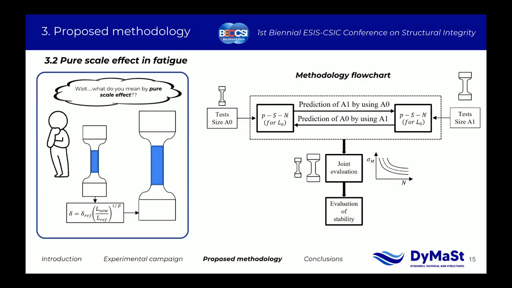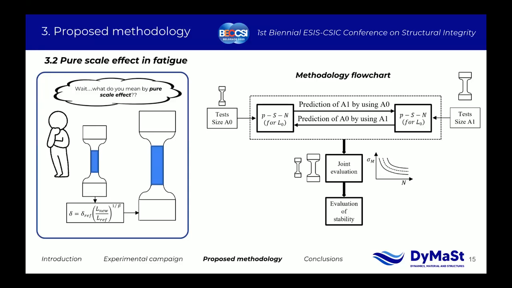So in this case, this is the flowchart of the methodology that we propose, and what I want to illustrate in the next slide. The first thing that we can do is, once we have, for example, in our case, the flat specimens, which are going to be the A1 test, we can derive what we call the primary SM field.